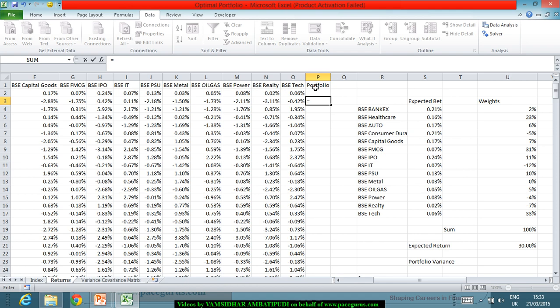So I could very well do the first one with the first and so on. So this is a 14 by 1 matrix and this is a 1 by 14.